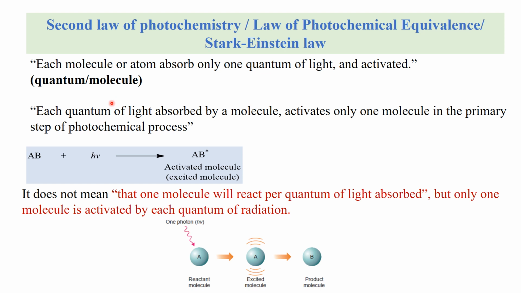In other words, each quantum of light absorbed by a molecule activates only one molecule in the primary step of a photochemical process. Here is a molecule. When it absorbs one photon, it is activated or excited.